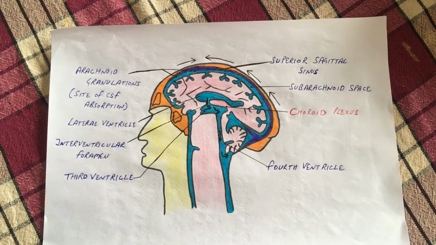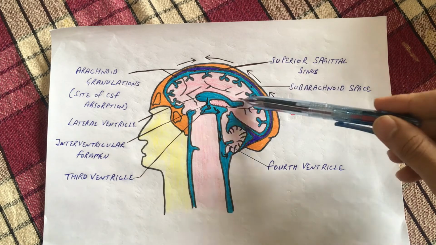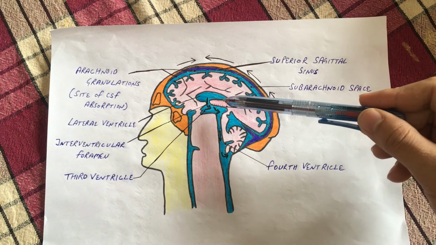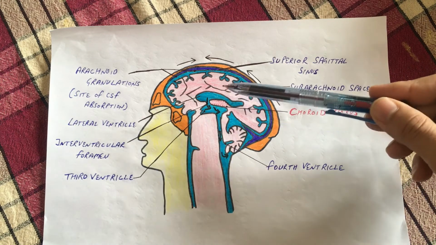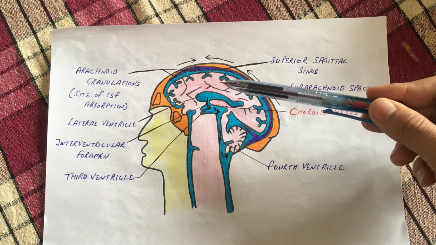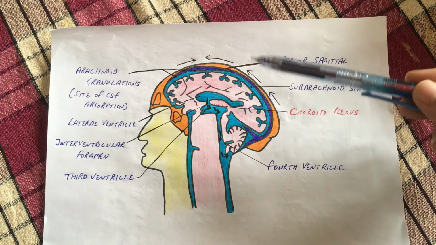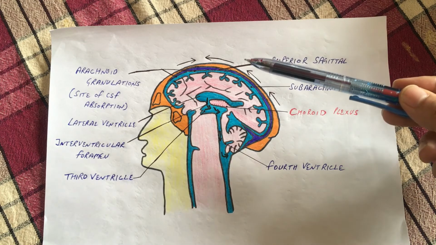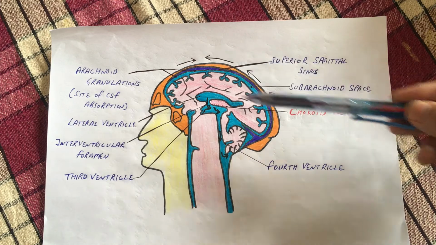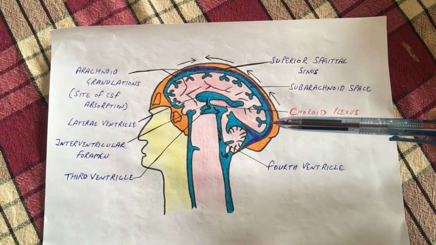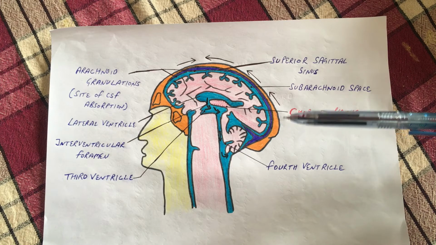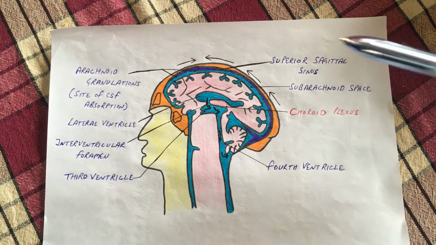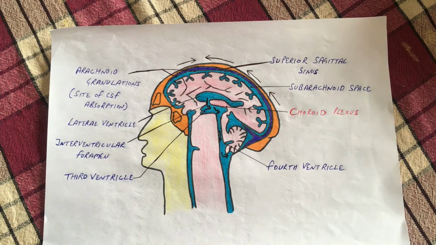And one important point, the epithelium and the other tissues of the choroid plexus form an effective barrier between the blood and the CSF, which allows the selective passage of substances from the blood to the CSF, but not in the reverse direction. Clear?